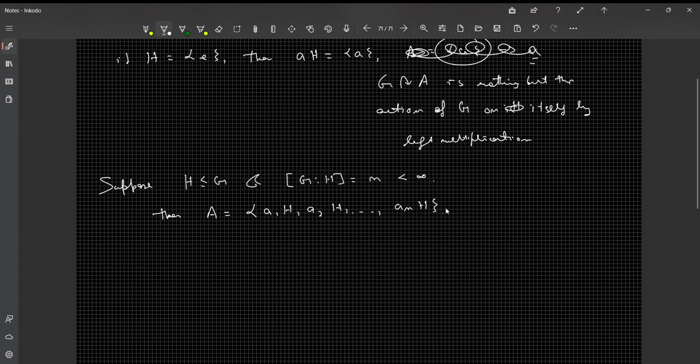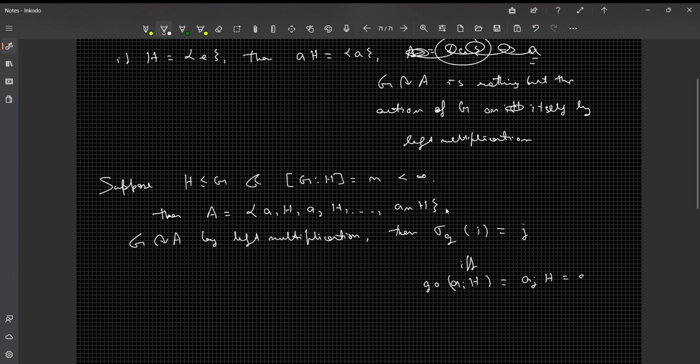Then again, if we consider the action of G on A by left multiplication, then the associated permutation, say sigma g, of some index i equals some index j if and only if g acting on aiH is equal to ajH. Clear?